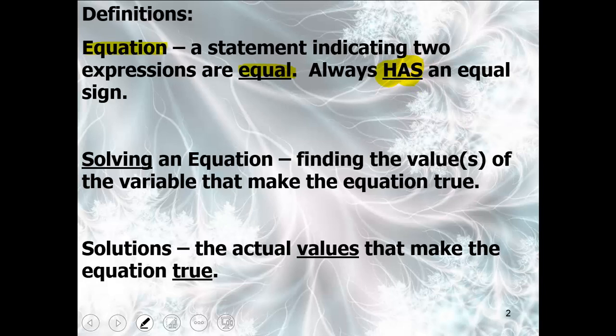If you have an equal sign, you have an equation. Solving an equation means finding the value or values of the variable that make the equation true. A solution is the value that makes the equation true. Solutions are what you find when you solve an equation.